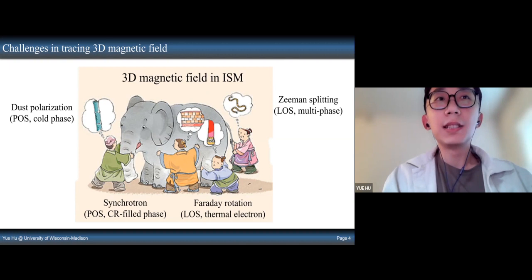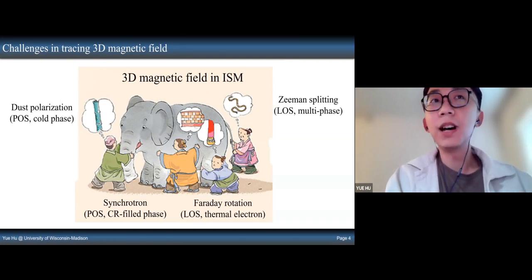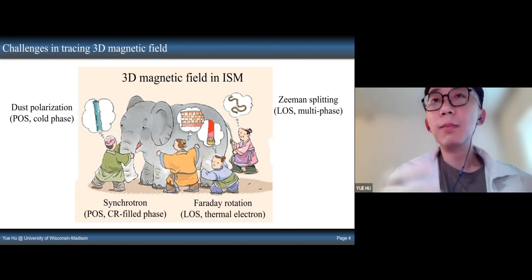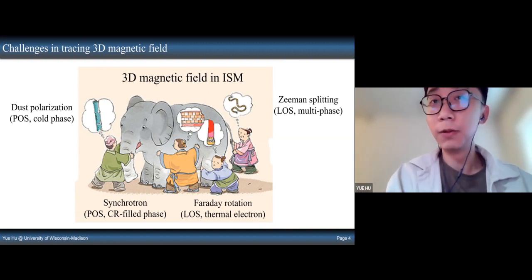Dust polarization only gives us the magnetic field on the plane of sky and corresponds to the cold gas phase. With Zeeman splitting, we can only get the line-of-sight magnetic strength, in different phases like diffuse HI or the dense OH molecular phase. So it's not easy to combine these methods to get a single full three-dimensional magnetic field vector.